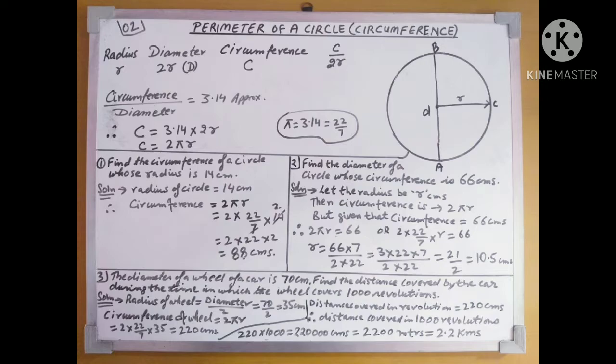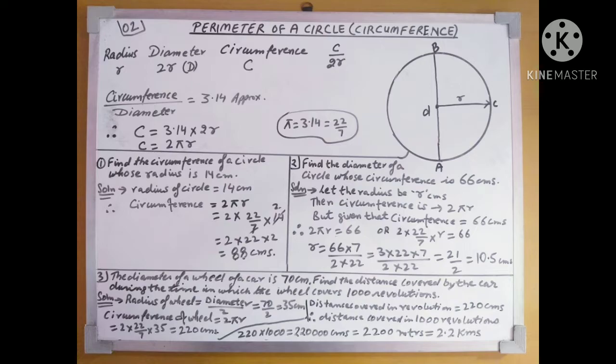Now yet another type of question we get when we are considering the circumference of a circle will be like this. Question number 3. The diameter of a wheel of a car is 70 centimeters.